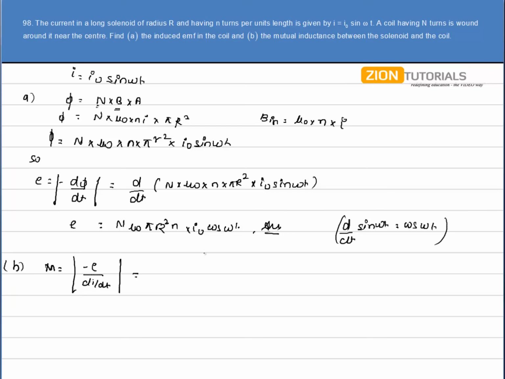So I have EMF equal to N μ₀ πr² n I₀ cos ωt, and di/dt, on differentiating I = I₀ sin ωt, I get I₀ cos ωt. So both of them get cancelled. So I have mutual inductance as N μ₀ πr² n. That is the answer.